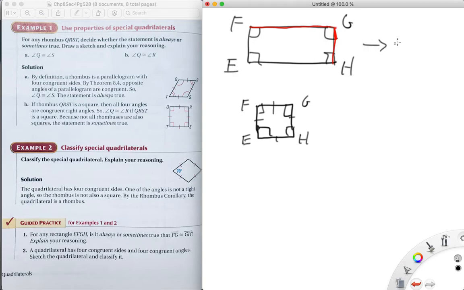So this would be a no. This would be a yes. So the answer is sometimes. It's only when it's a square that FG would equal GH. Remember, a square is a rectangle. A square is also a rhombus. It's both.